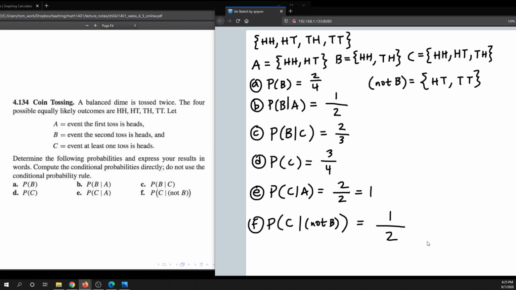Okay. All right. So like I said, in this case we had a very tiny sample space, so it was really easy to list out our events and calculate probabilities that way. Most of the time it's not going to be that way. Most of the time we'll have to just count the number of things in our sample space, okay?